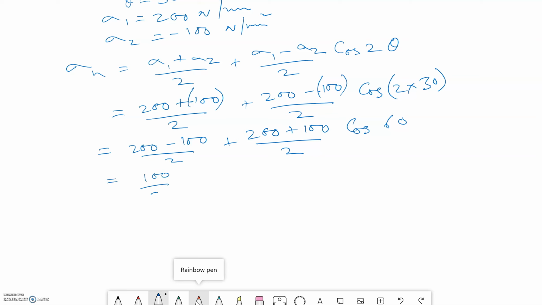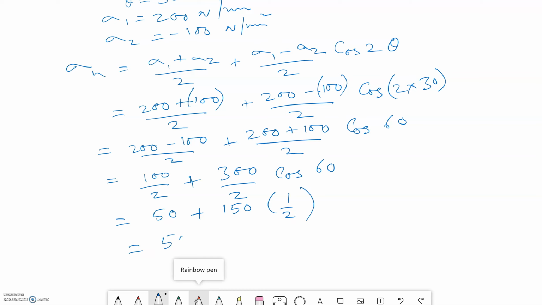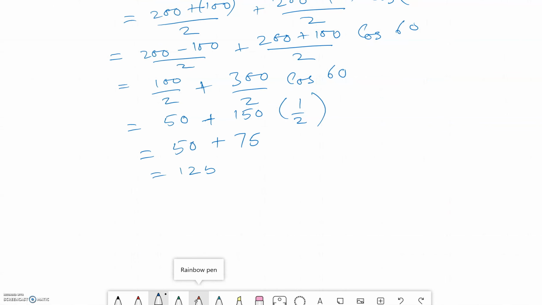Now this will be 100 by 2 plus 300 by 2 cos 60, so this will be 50 plus 150 times cos 60, and cos 60 is 1 by 2. So this will become 50 plus 75, which is equal to 125 Newton per mm squared. This is sigma n.